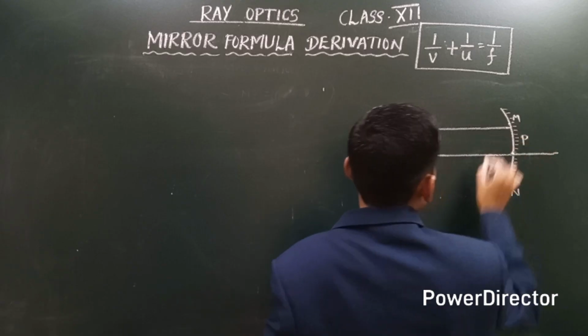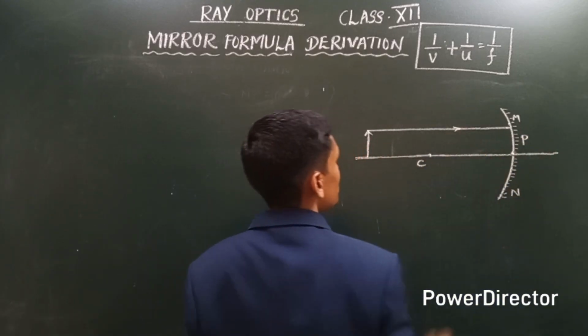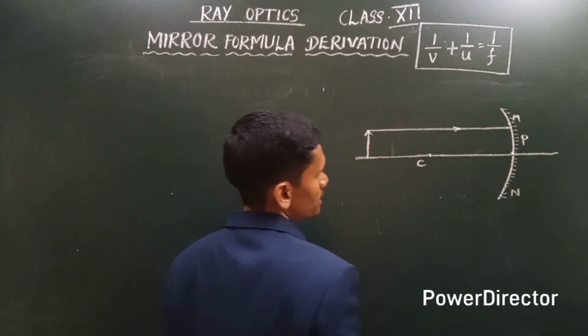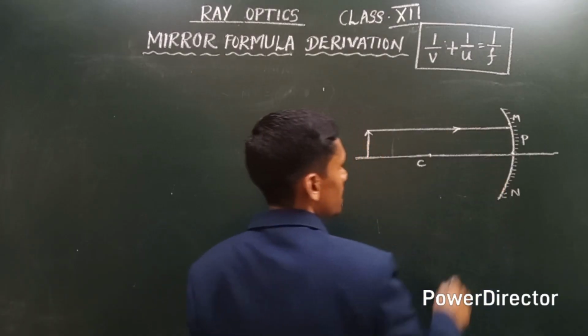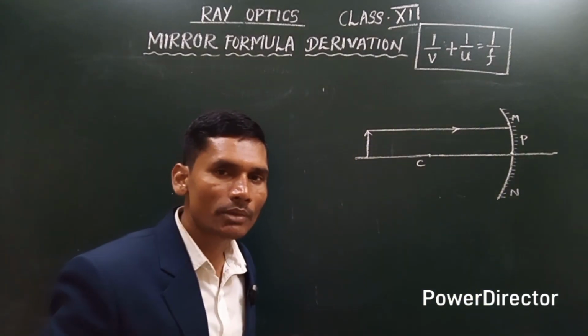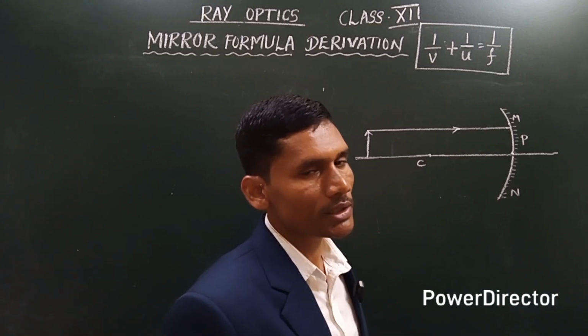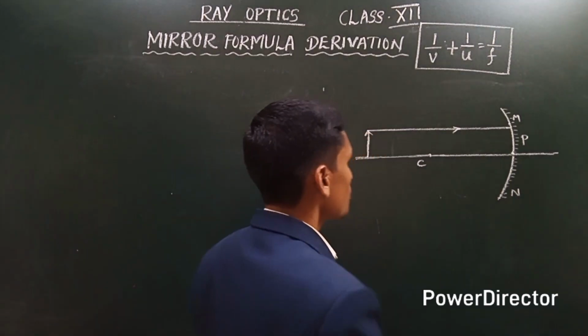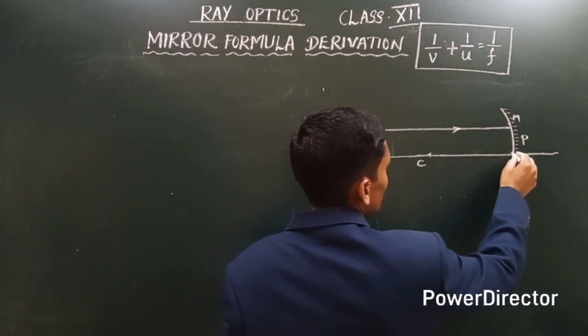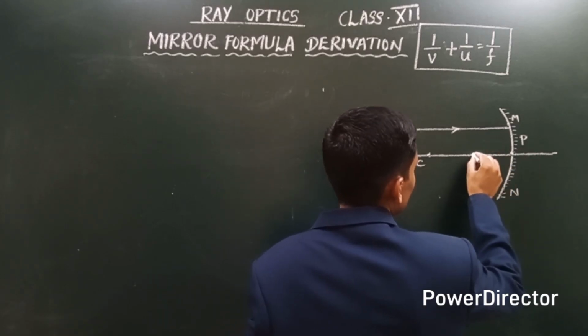It is parallel to the principal axis. Now after reflection, you know that this ray should pass through the principal focus. The principal focus is half of the distance of the radius of curvature, so between C and P comes F. This we have already studied.